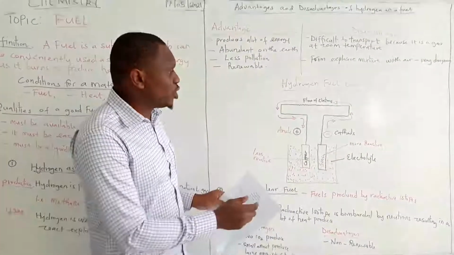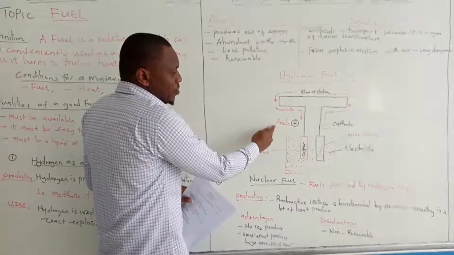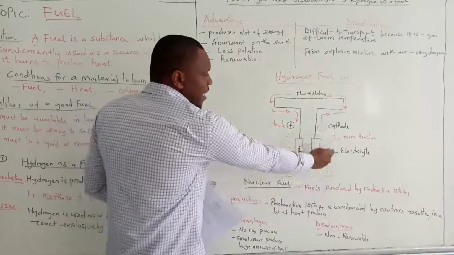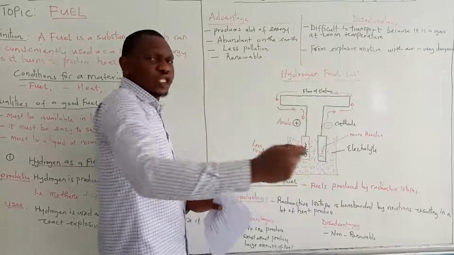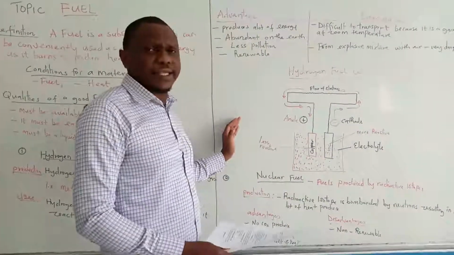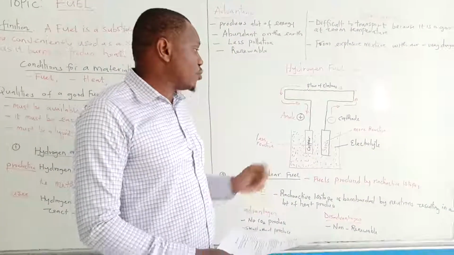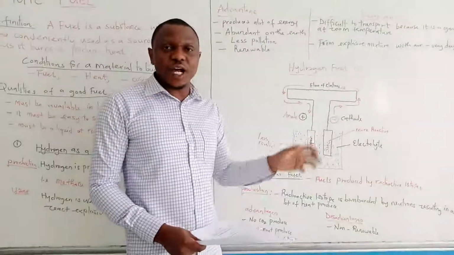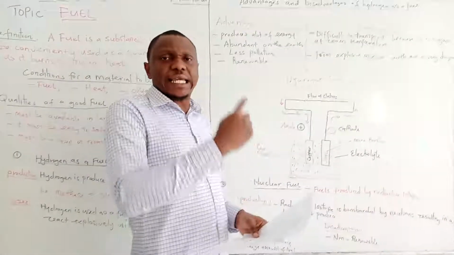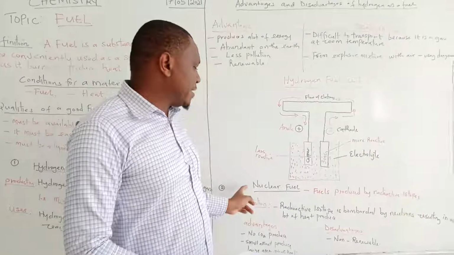That is why you see the flow of electrons from the positive terminal to the negative terminal, which is made up of zinc. That is how a hydrogen fuel cell functions. And one of the advantages of hydrogen fuel is that hydrogen can easily be recycled.